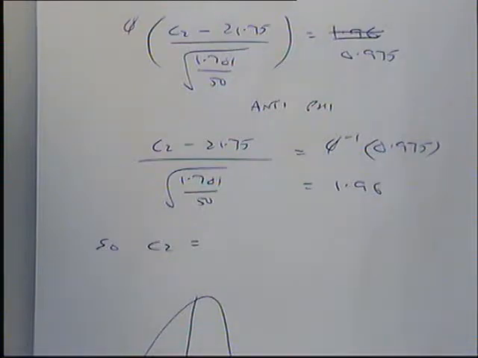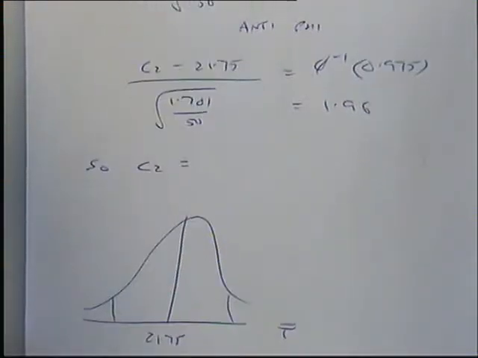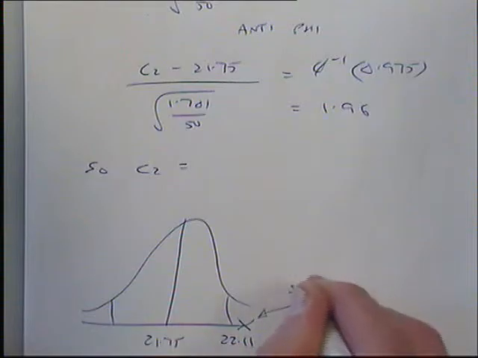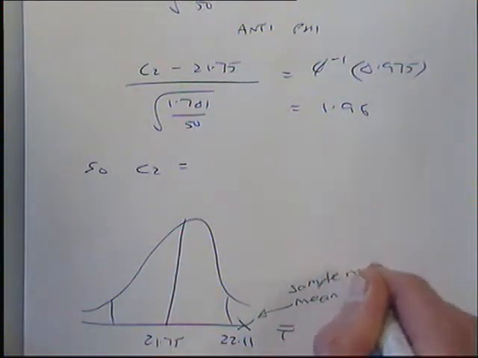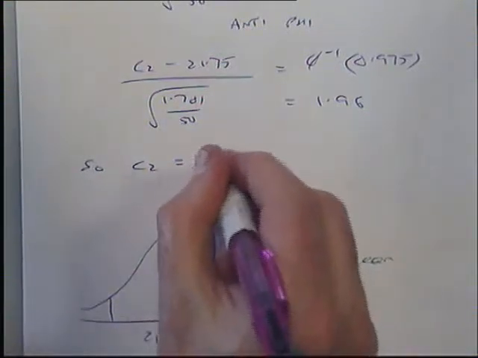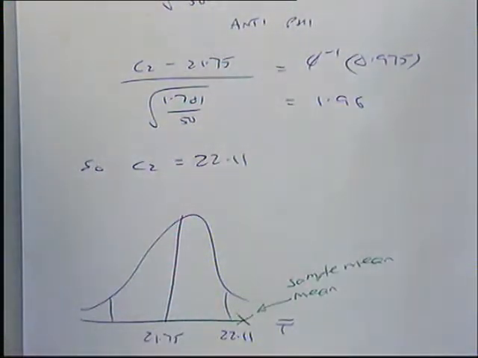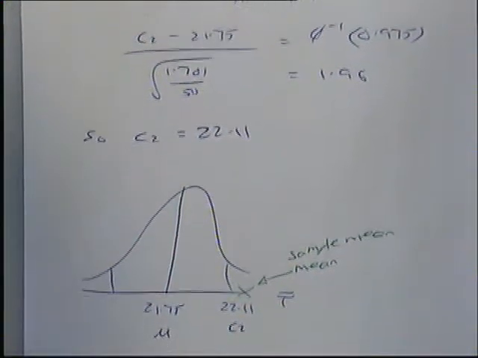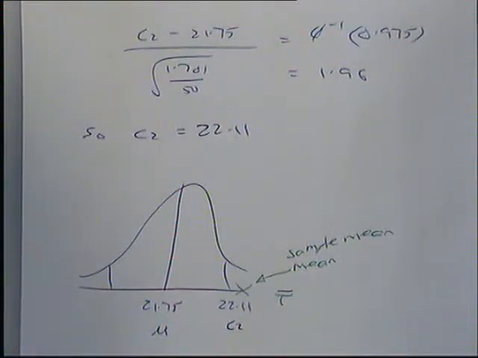Do we have a value for C2 anywhere? 22.11. Our sample mean was 22.14, so that was over there. So our sample mean is in one of the tails.